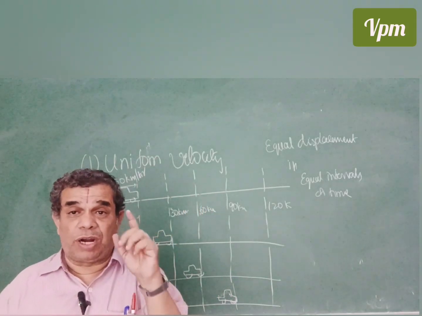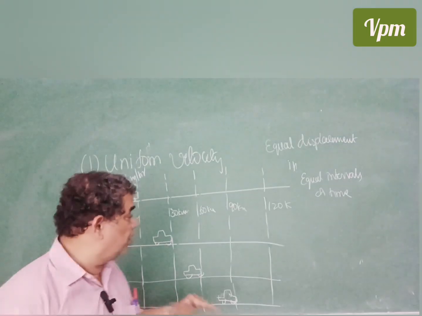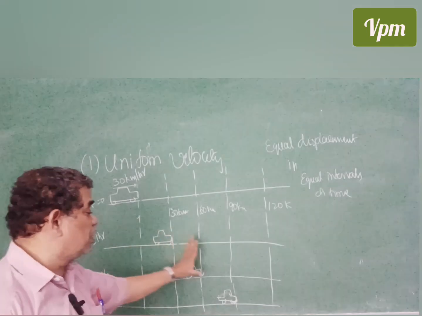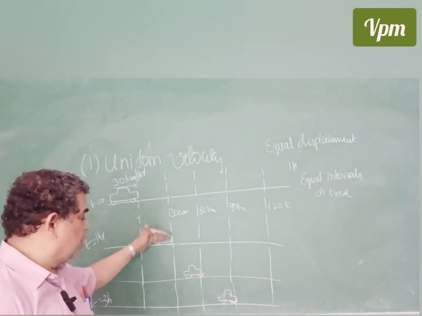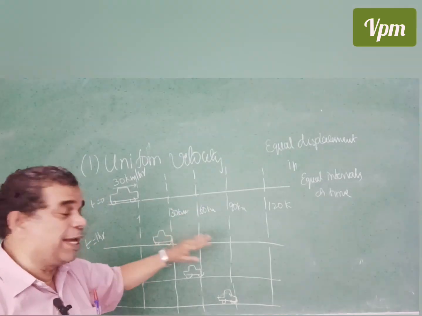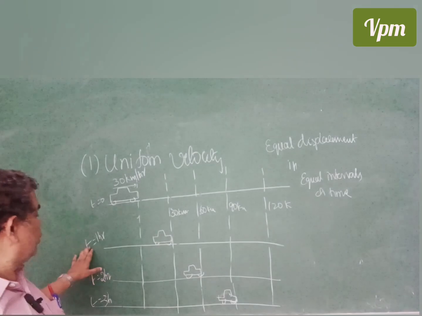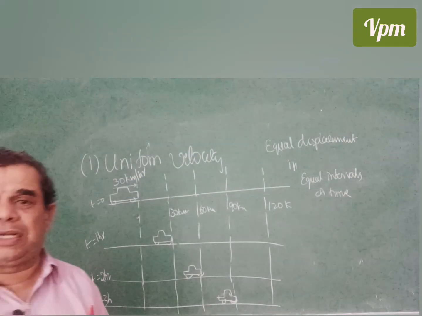Observe, I am using the word velocity, not speed, because here the direction is also not changing. It is continuously moving from left to right. Even though I have shown four figures here, each figure is on the same road but at different instants of time: t equals 1 hour, t equals 2 hours, t equals 3 hours, like that.